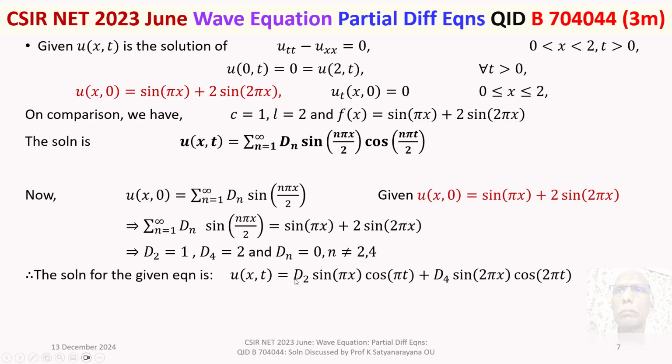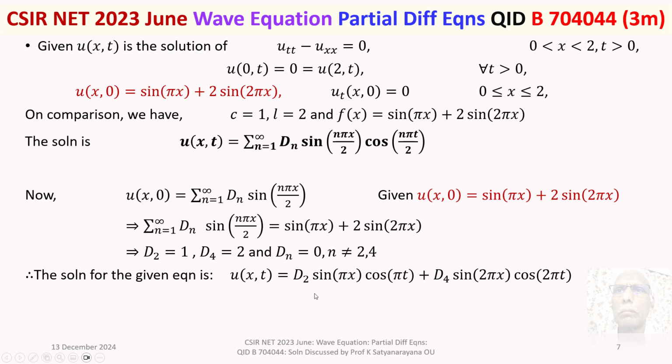So d2 sin pi x cos pi t plus d4 sin 2 pi x into cos 2 pi t. That is, n is 4, 4 pi t by 2, that is 2 pi t. So that is the solution. So we are done. The problem is over.